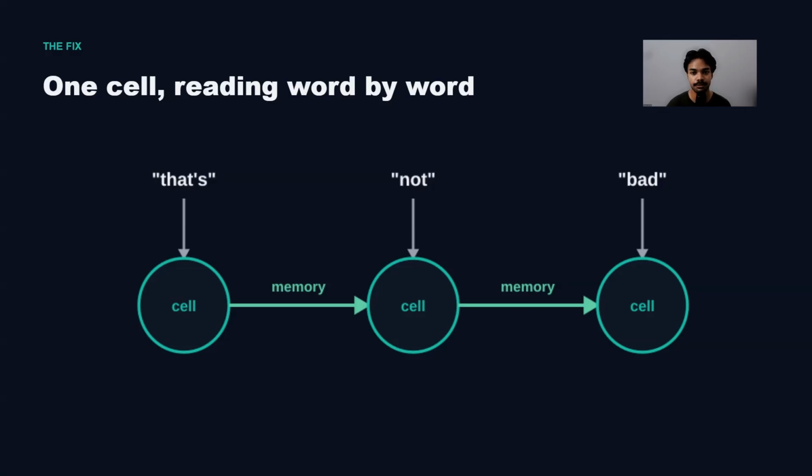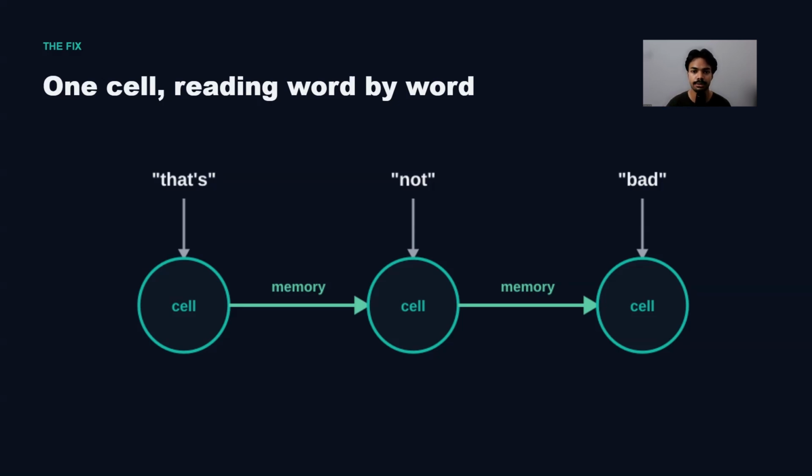Now, here's the key move. When it reads word 2, it doesn't start from scratch. It takes word 2 and it takes the memory left over from word 1 and combines them. It's a new memory that now carries a trace of both words. Read word 3 and that memory folds in again. Now it's a trace of words 1, 2, and 3 all blended together.